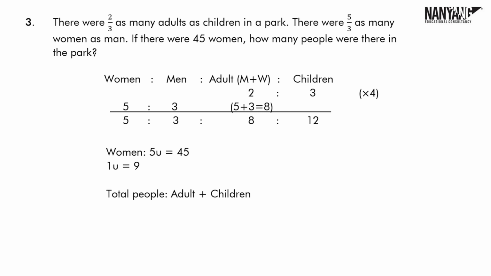Take note not to double count the women and the men because we've already counted them in the adult section. So that would be 8 units plus 12 units equals 20 units, which is 20 times 9, 180. So that's our answer. There were 180 people in the park.